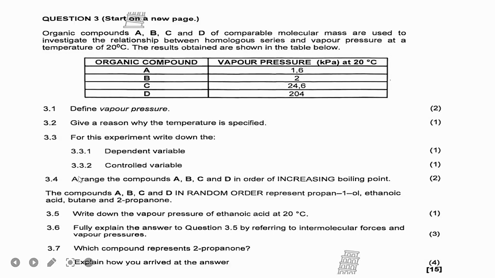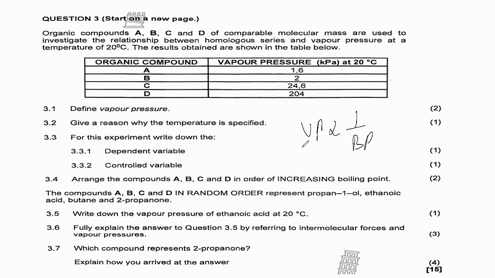Then 3.4 says arrange the compounds A, B, C, and D in order of increasing boiling point. So from the one with the lowest boiling point to the one with the highest boiling point. Easy to do. We can see that this is just writing from D all the way to A, right? Because we can see here it's increasing in vapor pressure, but we already know that vapor pressure is inversely proportional to the boiling point.